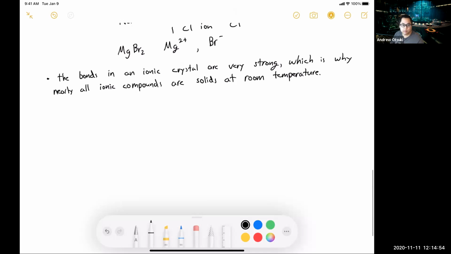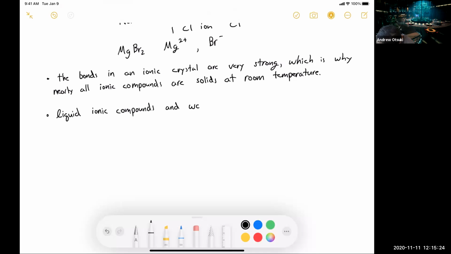Okay, here we go. So let's talk a little bit about their properties. Liquid ionic compounds are called ionic liquids. So they're basically liquid forms of ionic compounds, not in the solid state.